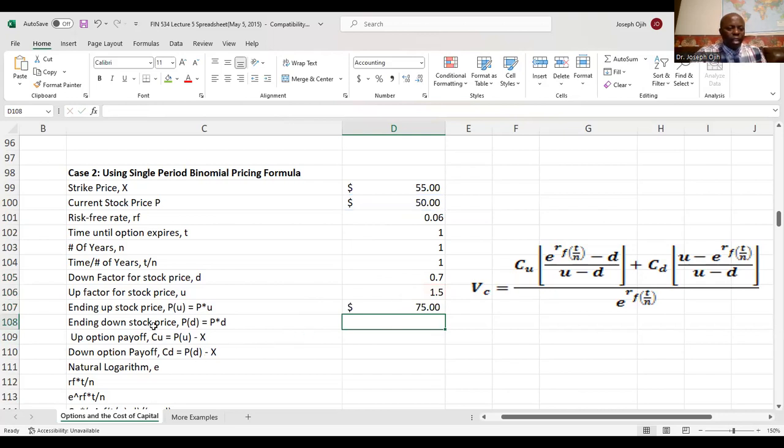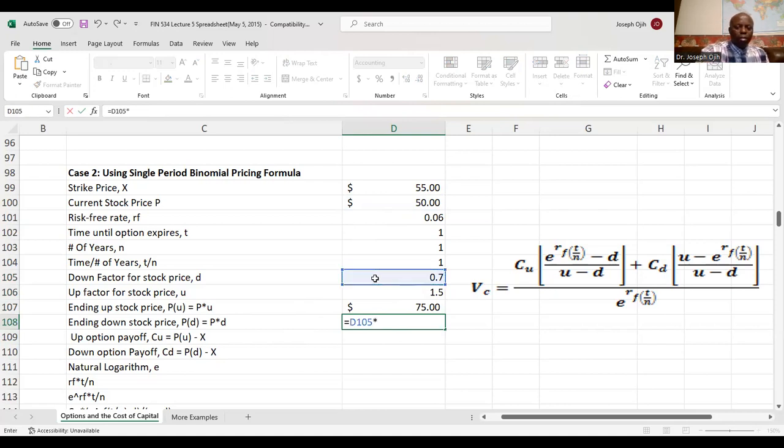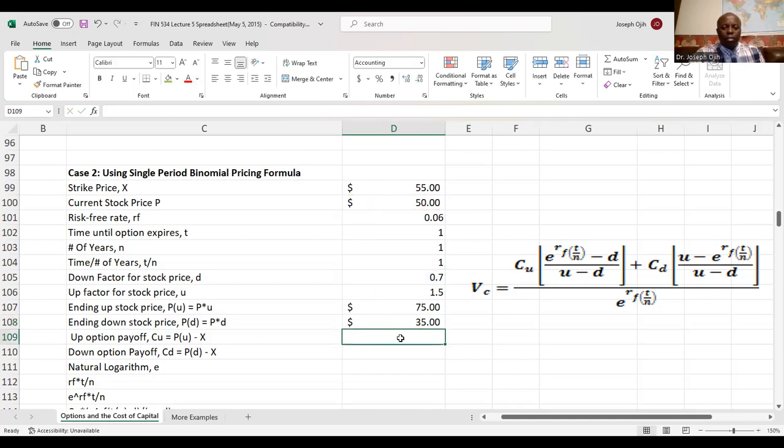And the ending down stock price equals 0.7 times the stock price, which is $5. Okay, so the option payoff now becomes the ending up stock price, which is PU, minus the strike price of $55.